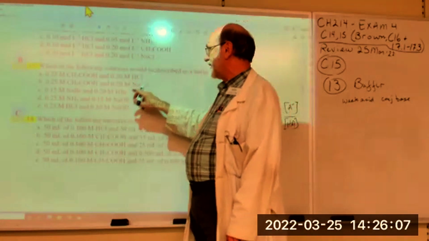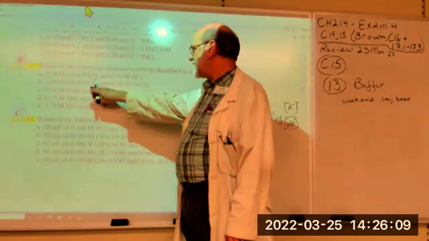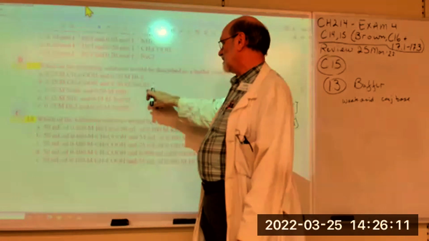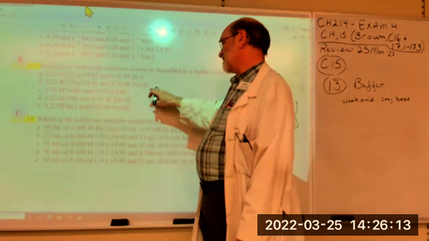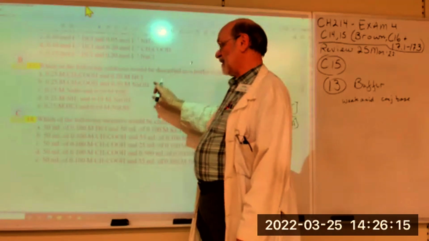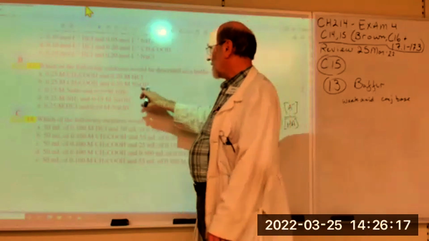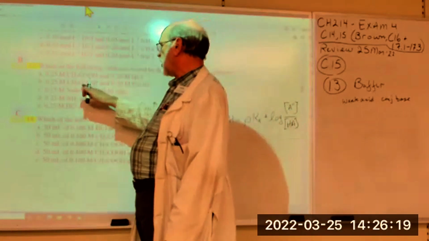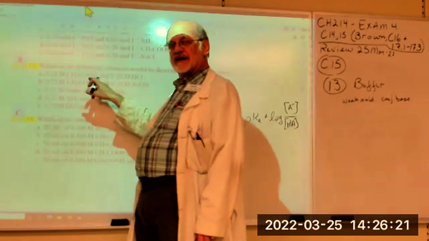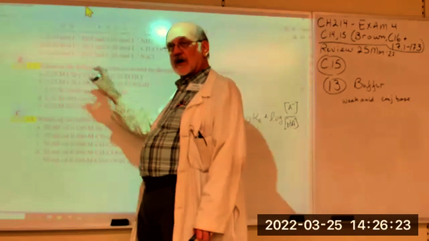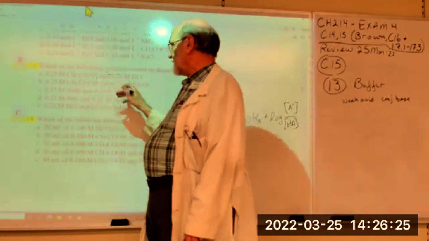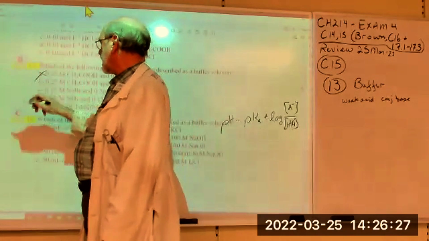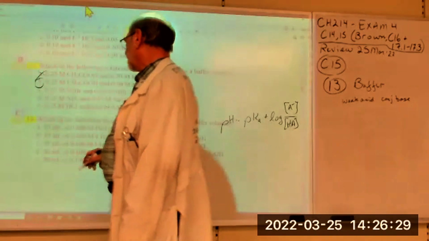This is a strong one. Acetic acid and sodium hydroxide. Possibly. Why? Because the sodium hydroxide would partially neutralize this and leave you with your conjugate base. Right? So this is maybe. That one's definitely no. That one could be.